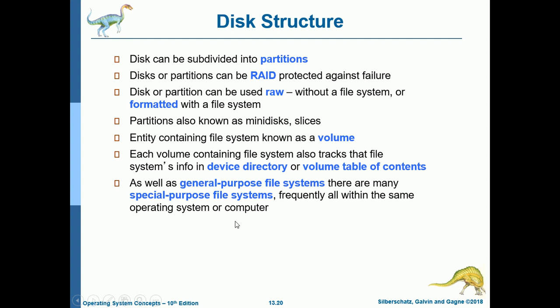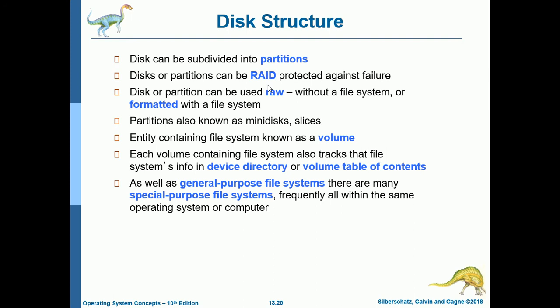Disks or partitions can be RAID protected against failure. We already have a lesson on RAID, or redundant array of independent or inexpensive disks. A disk or partition can be used raw, without a file system, or formatted with a file system. For Windows, it is a requirement to format the partition for it to be usable.